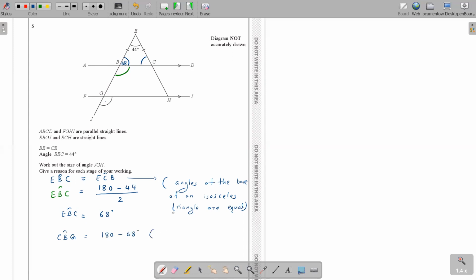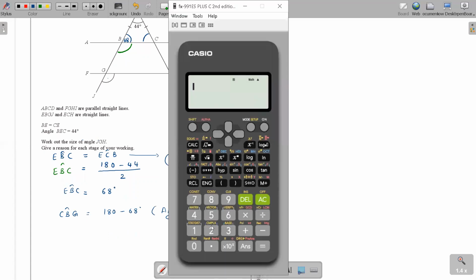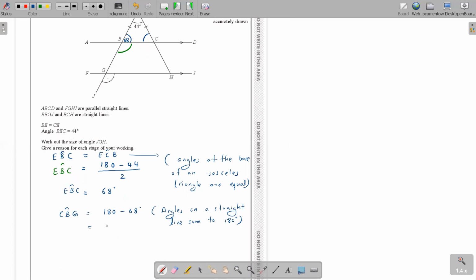The reason: angles on a straight line sum to 180. That gives us 112. So CBG is 112.